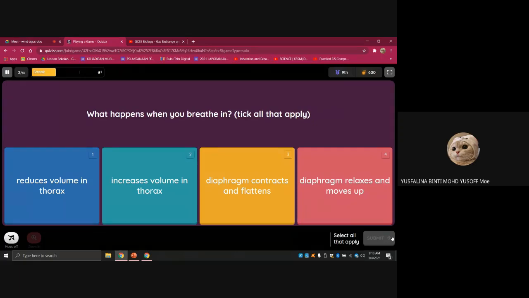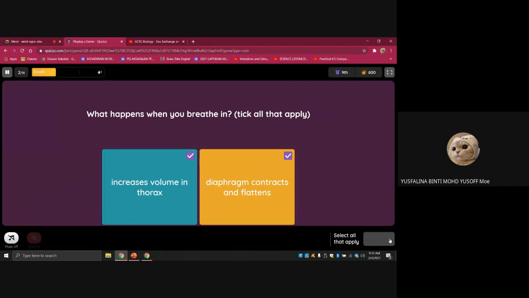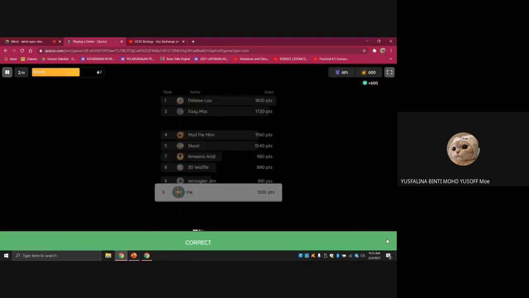You can open your mic also, B and C. Okay, this one increased volume in thorax also, and this one diaphragm contracts and flattens. Is it correct? Yes. Okay, good.